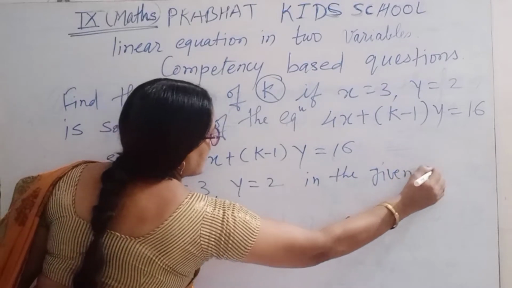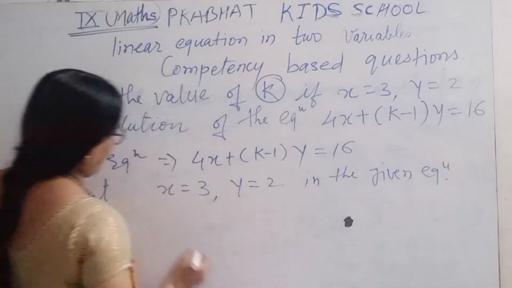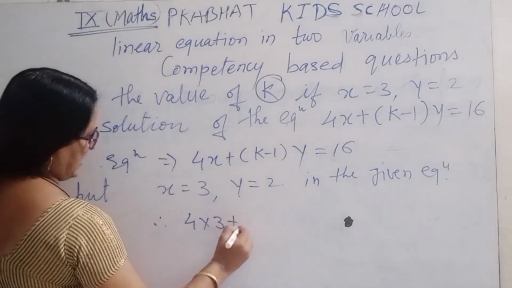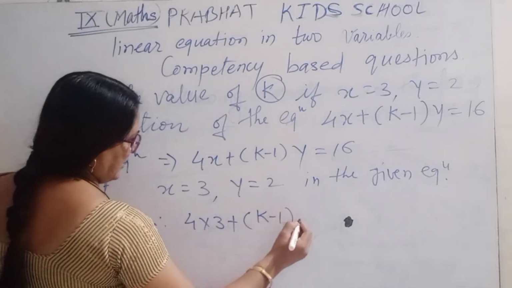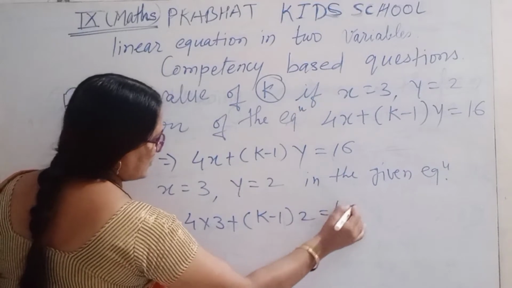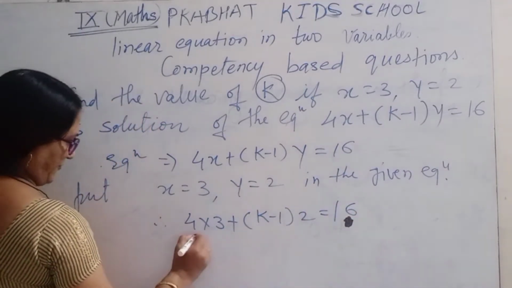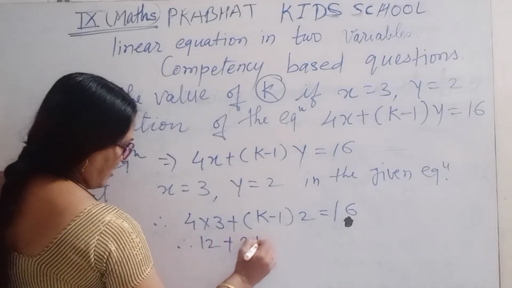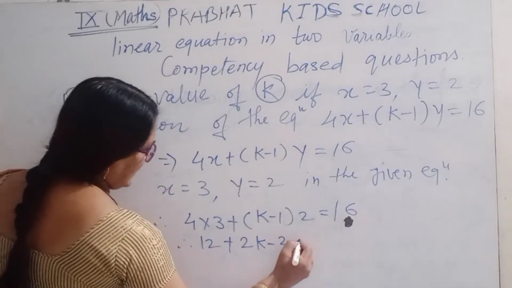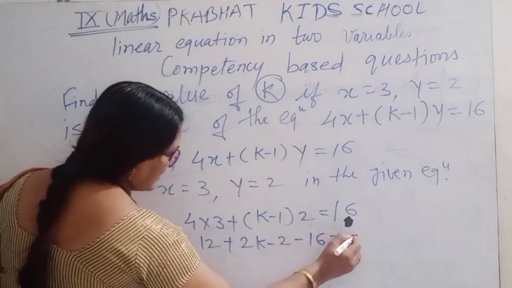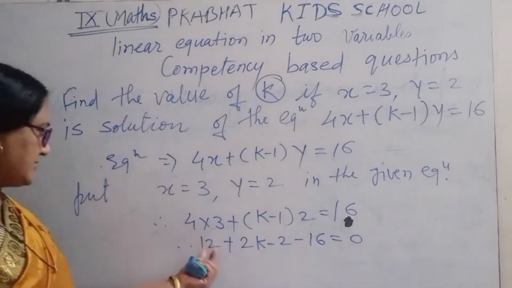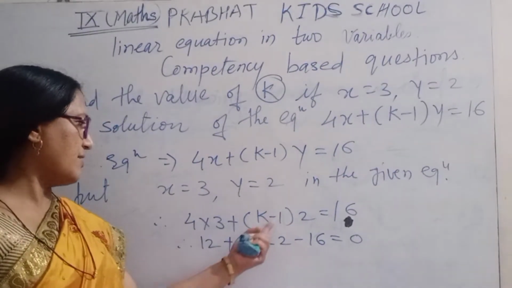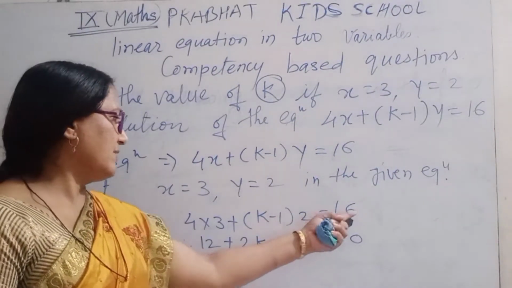Therefore, equation is 4 multiplied by 3 plus k minus 1 multiplied by 2 is equal to 16. Open the bracket, 4 3s are 12. Therefore, 12 plus 2k minus 2 is equal to 16.